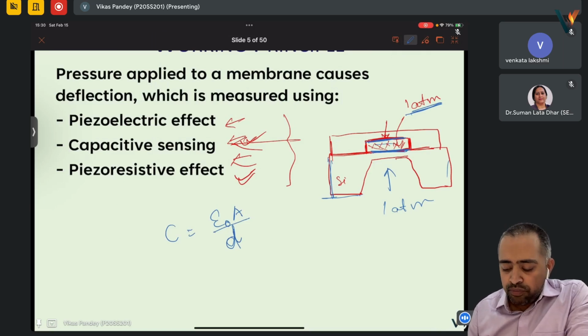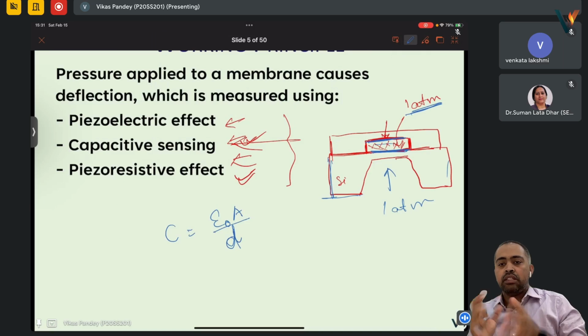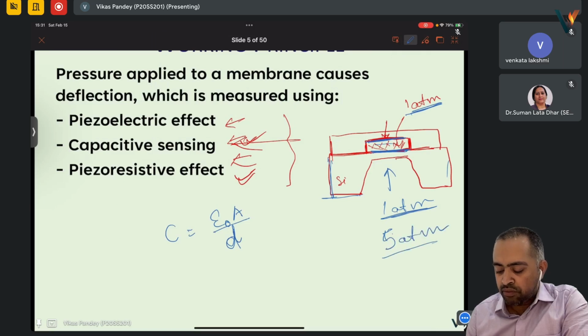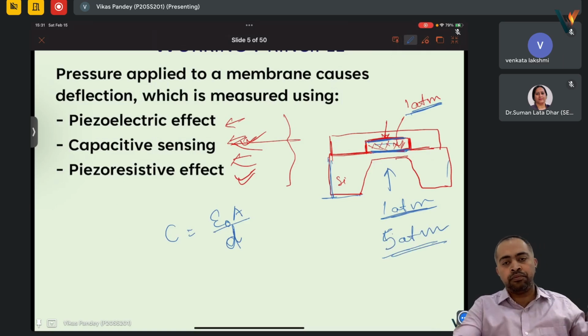So now the area will remain fixed since we are not changing the structure. But due to the pressure, suppose from 1 atmospheric pressure, this pressure increases to 5 atmospheric pressure.